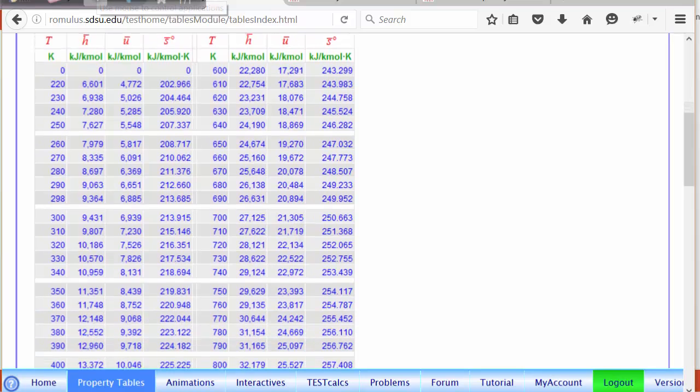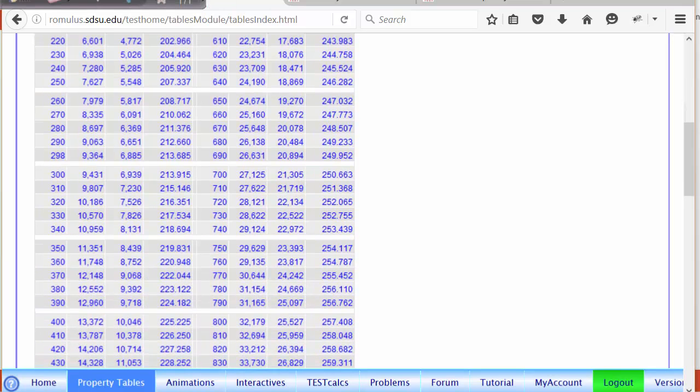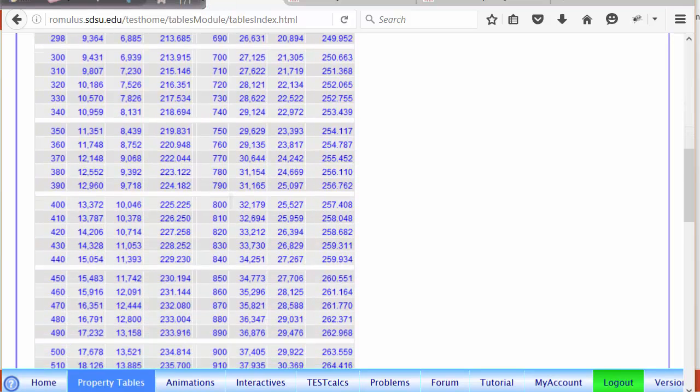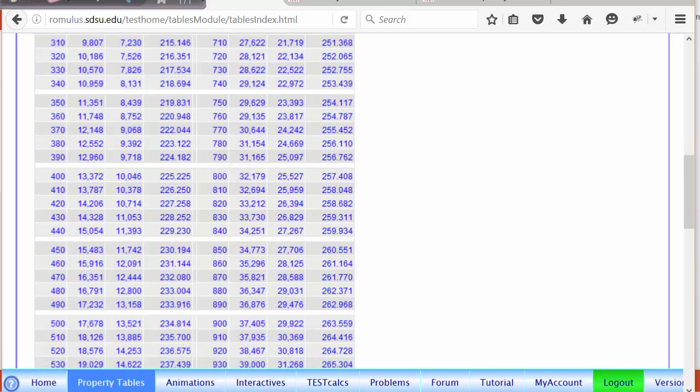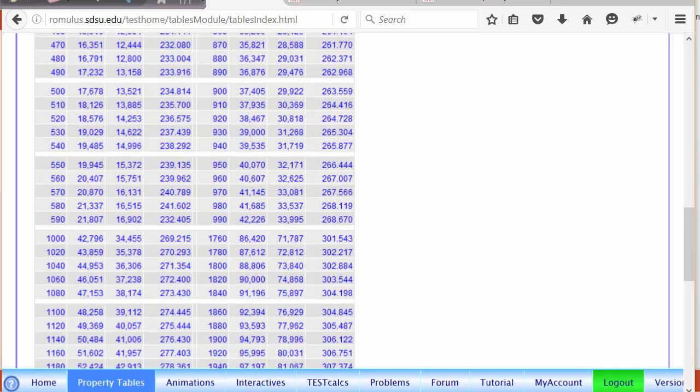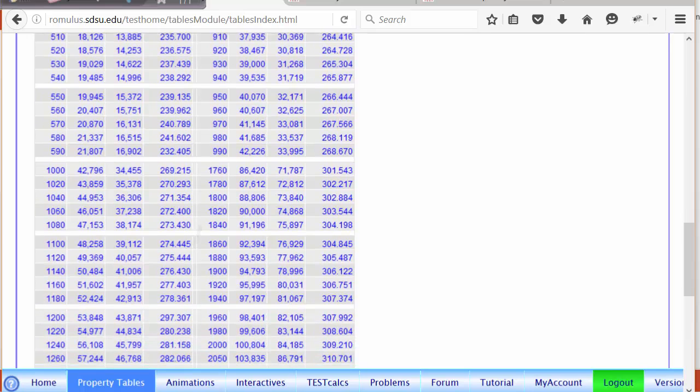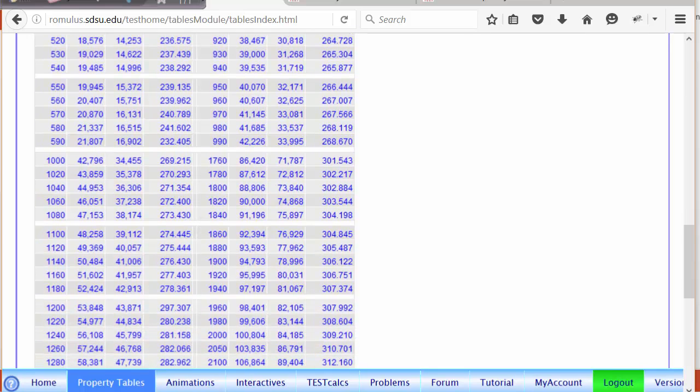Okay, so let's find out the values for enthalpy. This is 300 Kelvin and 1200 Kelvin is down there. So we can pick up the values of enthalpies and divide them by 44. This is one value, and we saw the other value already. 1200 Kelvin is 53,848.